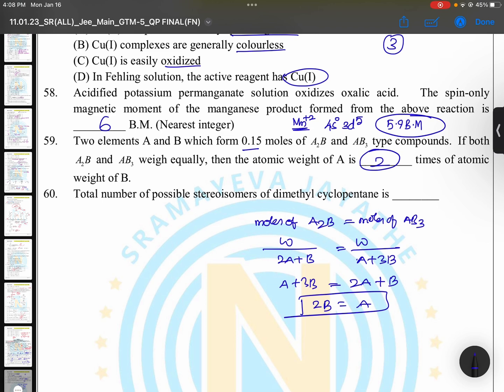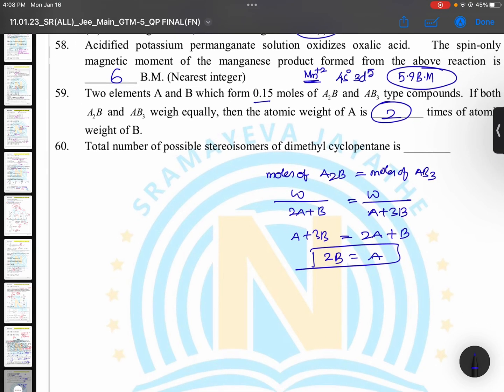Total number of possible stereoisomers of dimethyl cyclopentane. Dimethyl cyclopentane means we need to write cyclopentane. This is dimethyl.